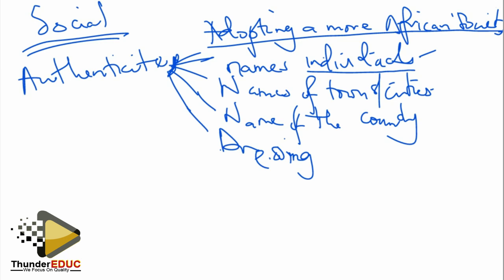Then also he changed the names of towns. Major towns and cities had their names changed. Kinshasa, the capital city, formerly had a European name. It was called Elizabethville, but he renamed it Kinshasa, which is now the current name of the capital of the country.